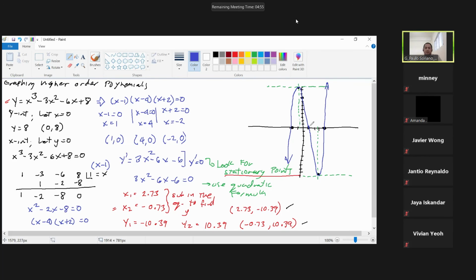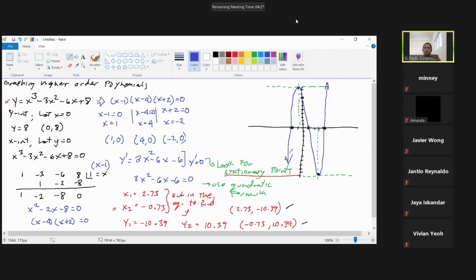However, my question here is: without graphing, is there a way for us to determine if it is a maxima or a minima? That's the question that we need to answer by next meeting. Here, we visually confirm that it turns up here, and because that's a higher point than the y-intercept, it needs to turn here before it can go down.